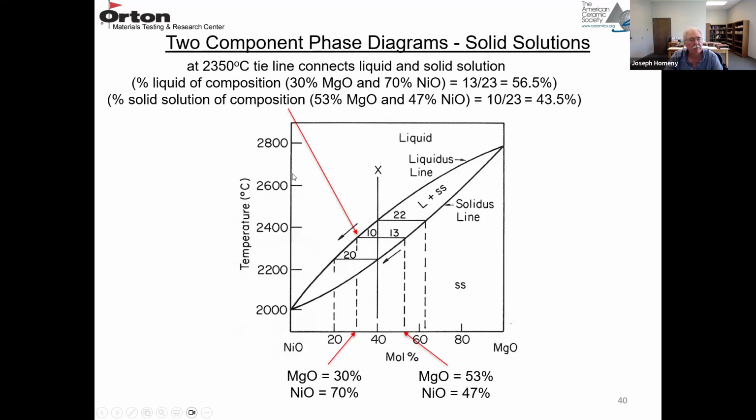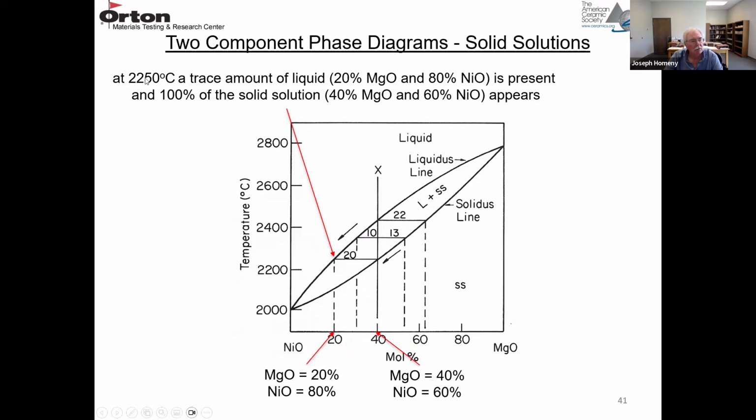And then the solid solution of this composition, 53% MgO and 47% NiO, is this portion of the tie line, 10, which is opposite the solid solution, over 23. So 10 over 23 is about 43%. So at X, at this temperature, we have about 56% liquid and 43% solid solution.